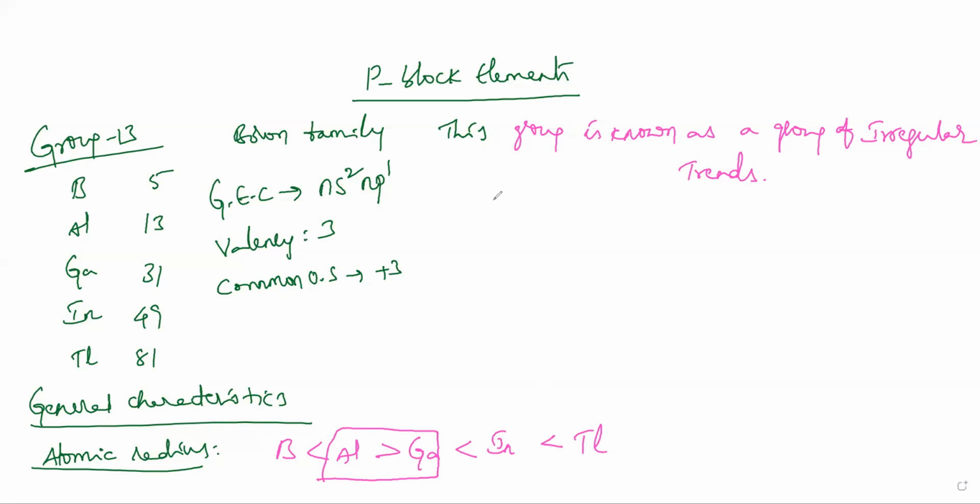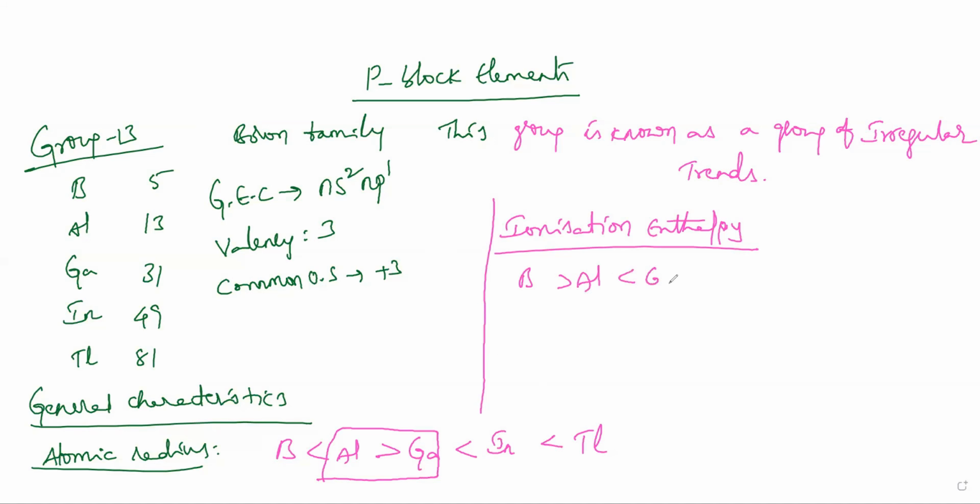Similarly, ionization enthalpy. Let us see the order. Boron is greater than aluminium. It is less than gallium. Gallium is greater than indium.